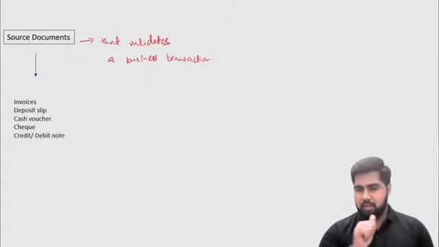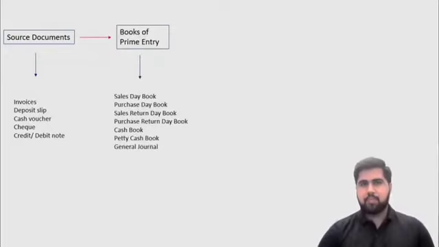The second step of accounting, remember this. You enter the impact, you enter the consequence, all right, of that transaction in the books of prime entry. And the reason why we call it books of prime entry, or books of original entry, is because this is where your accounting starts.